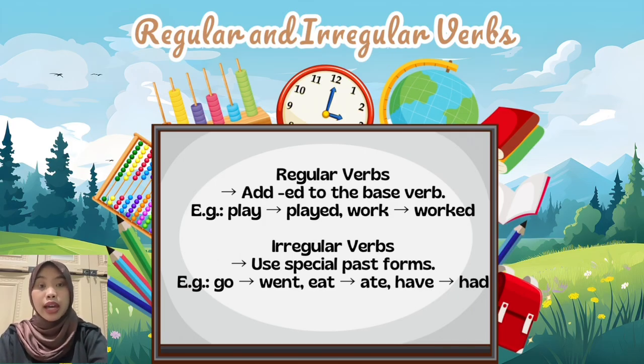Now, let's look at irregular verbs. These verbs do not follow the ed rule. Instead, they have their own unique past forms. For example, go becomes went, eat becomes ate, and have becomes had. It's important to memorize the irregular verbs because their past forms don't follow any fixed pattern. Don't worry, you will get better with practice.